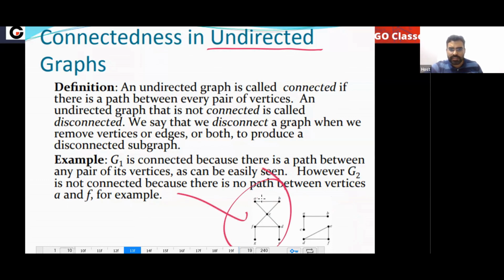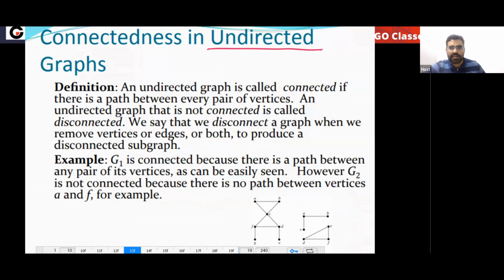Whatever two vertices you take, there is a path between them. So this is a connected graph, and this is a disconnected graph because there is no path between a and f. How many components do you have in this graph? Total 2 components, this and this. And in this graph, 1 component.